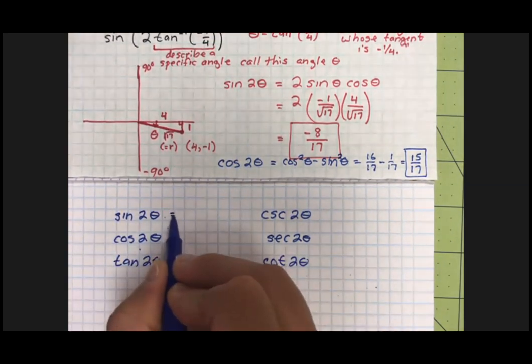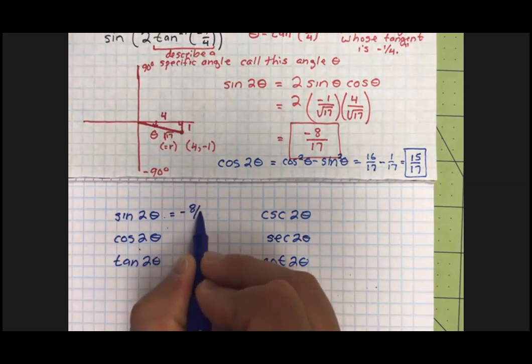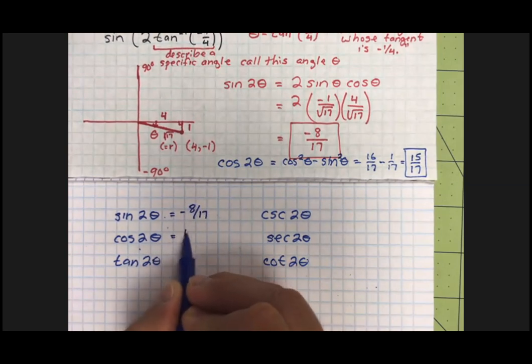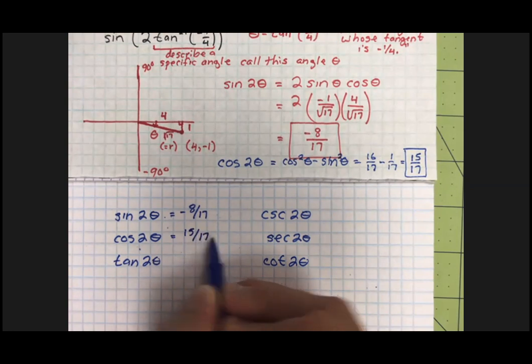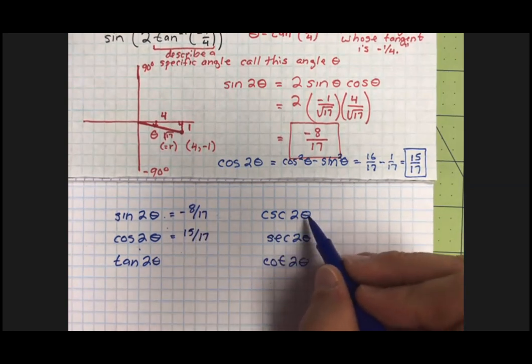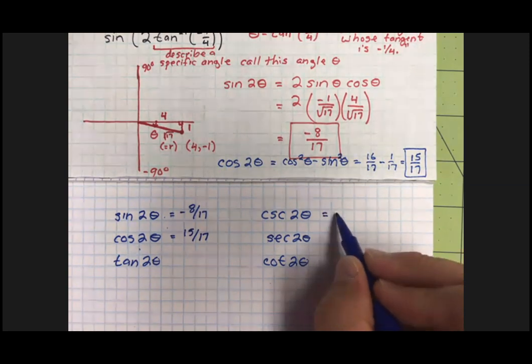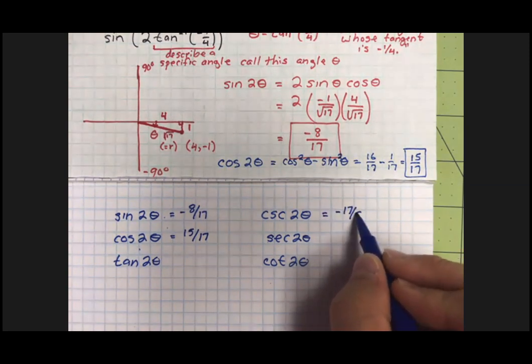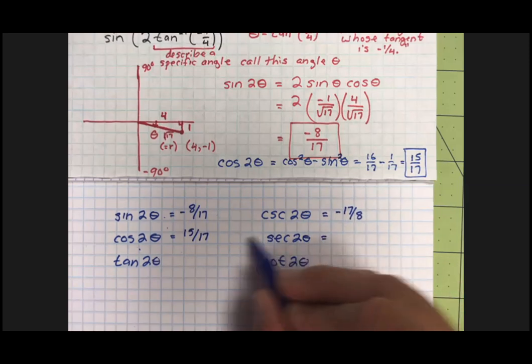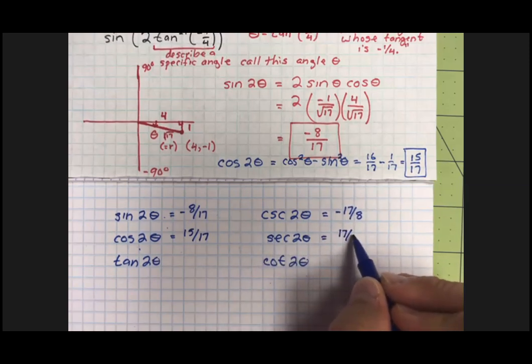Here's the minus 8 over 17. And here's a 15 over 17. Immediately, you fill in the cosecant and the secant: minus 17 over 8, and 17 over 15.